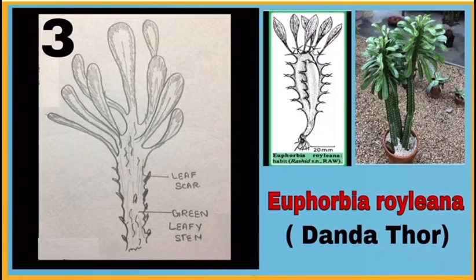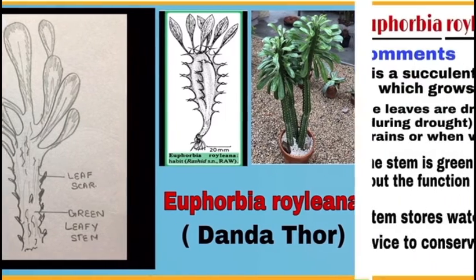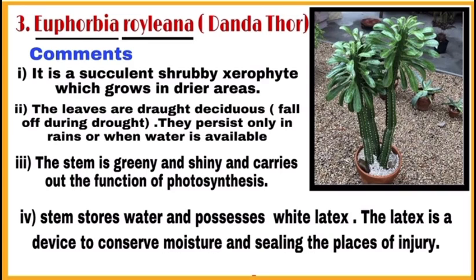Next desert plant is Euphorbia royleana, which is commonly called danda thor. Write its features. It is a succulent shrubby xerophyte which grows in drier areas. The leaves are drought deciduous, means leaves fall off during drought, but they persist in rains or when water is available.